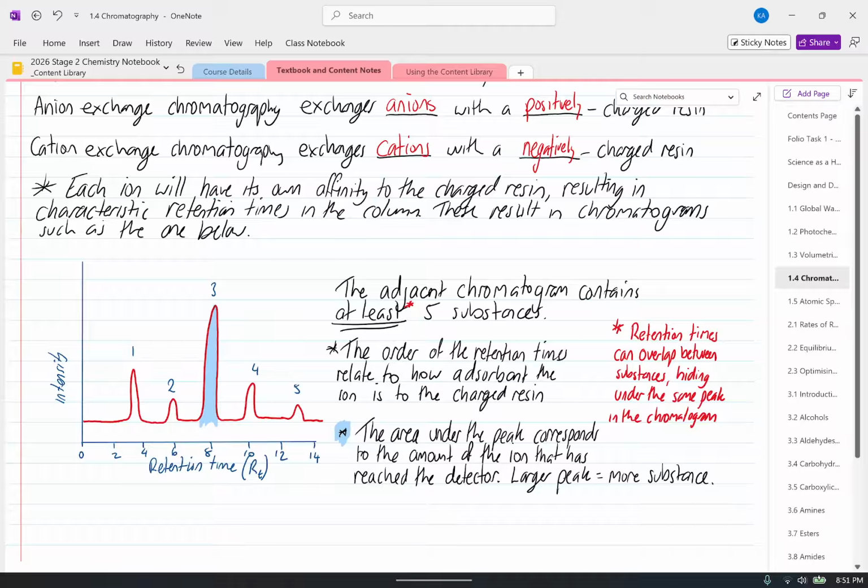Now number 2 is obviously attached. It took roughly twice as long, so it was more strongly attached to the stationary phase than number 1 was. And as we continue, we get all the way up to substance 5. Substance 5 took the longest to run through the stationary phase, which meant that it was probably attracted the most. So it took a long time to sort of flush it or push it through the machine.